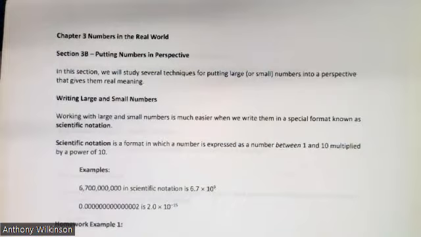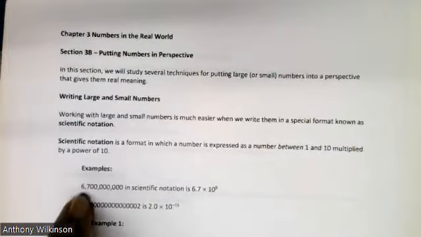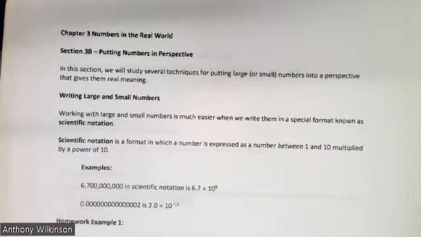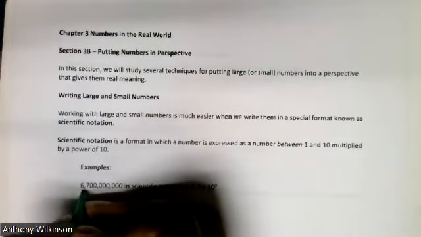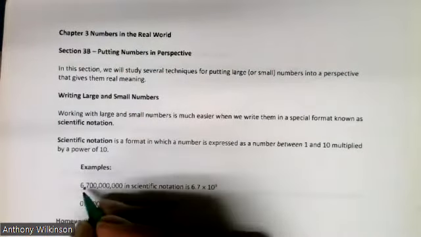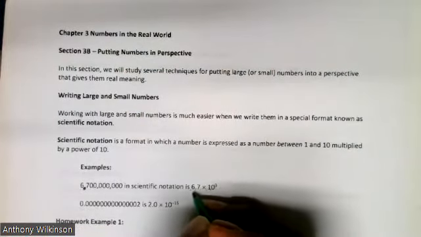Here we got 6,700,000,000. In scientific notation, you will write that as 6.7 times 10 to the 9th. And the way you do that is this. We put the decimal point behind the very first non-zero number. So that decimal point will be behind the 6. So you're going to have 6.7, which is this part right here.